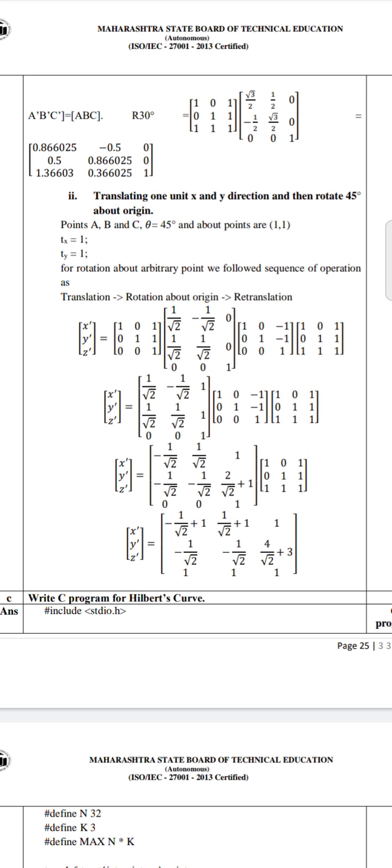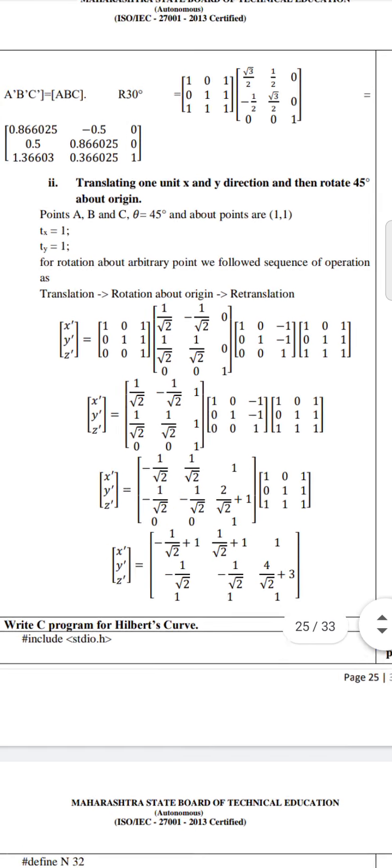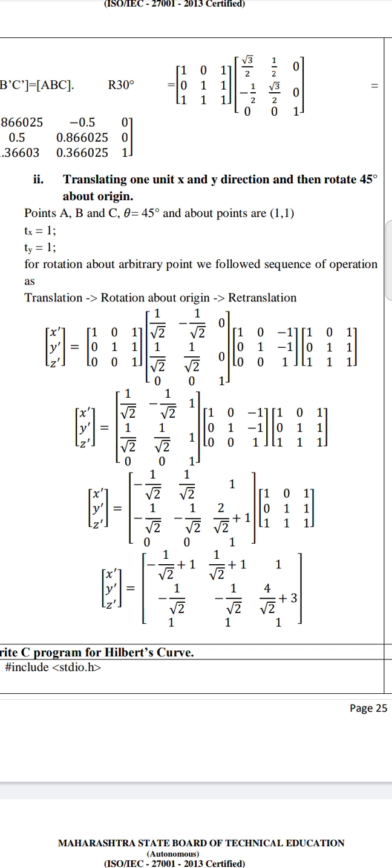Initially tx is 1, now it is -1. So the third matrix is 1 0 -1, 0 1 -1 and 0 0 1. You replace tx by -1 and ty by -1.